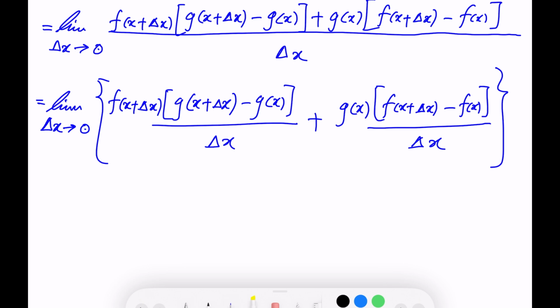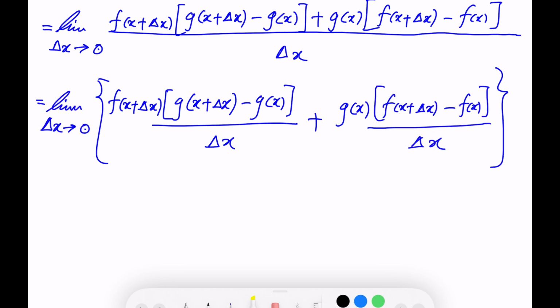Now, when you look at this term with delta x approaching 0, what can you say? That is exactly the derivative of g as per the first principles. Similarly, if you look at this part with delta x approaching 0, that exactly is, according to the first principles, the derivative of the function f.